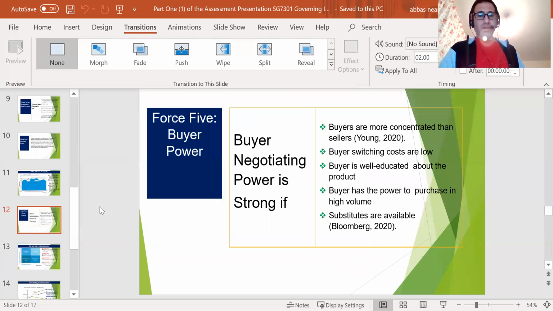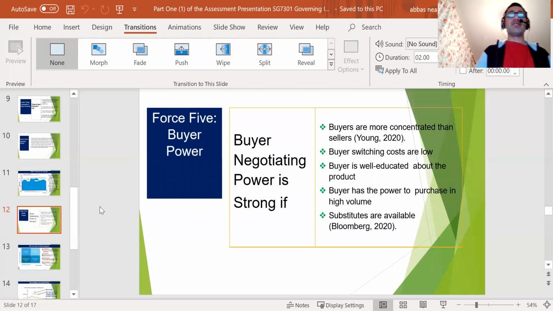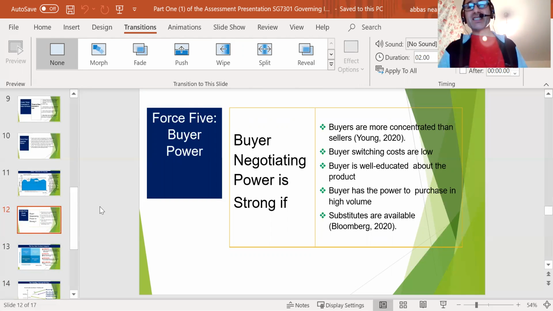Slide 12. Force 5. Buyer power. When choosing a supplier, the buyer must consider various factors. The need for the product must be balanced against the expense. The buyer must also consider how the product will affect their profit margin and what value will be added by any purchase.